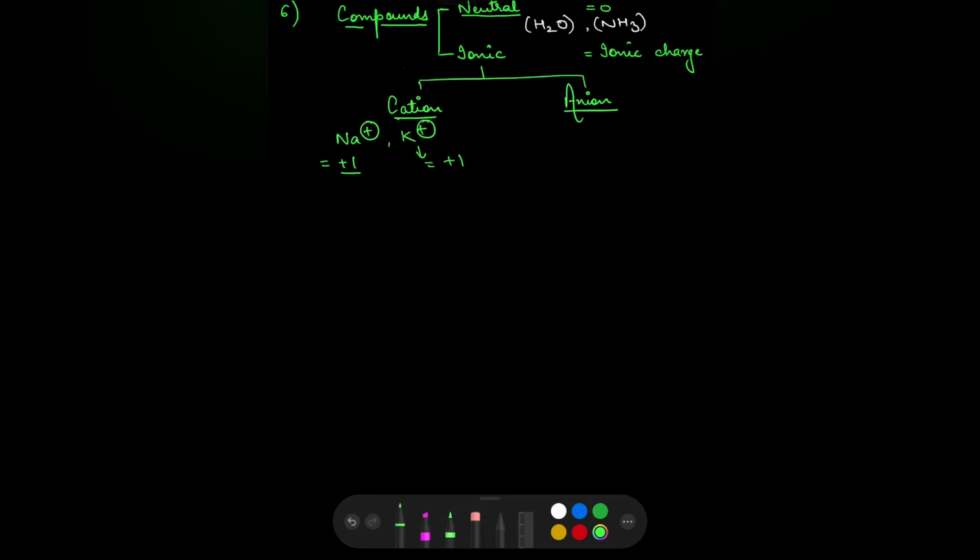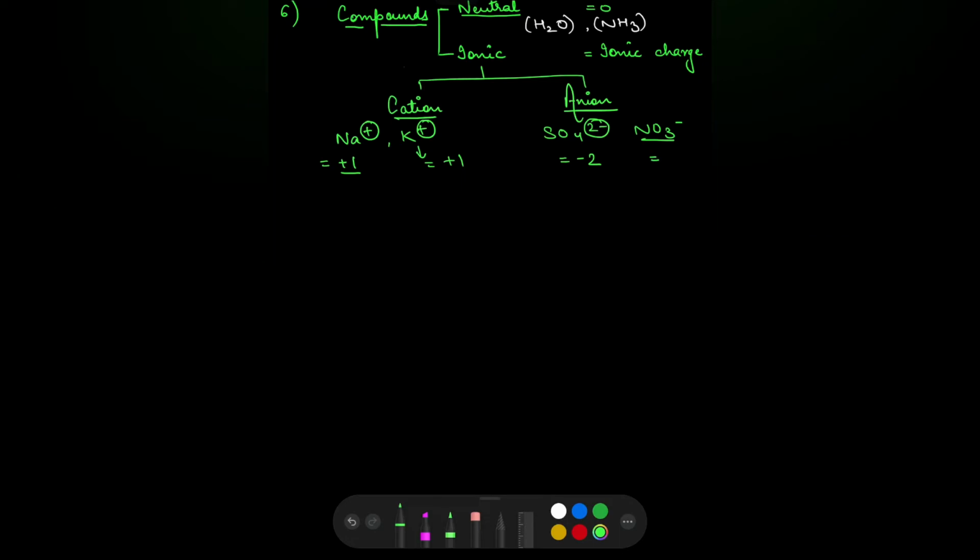And for the anion, suppose we have sulfate ions or the nitrate ions, then in case of sulfate we will equal the ions by -2, and for the nitrate we will put an equal sign and make it equal by -1.